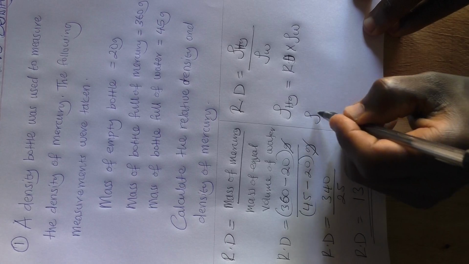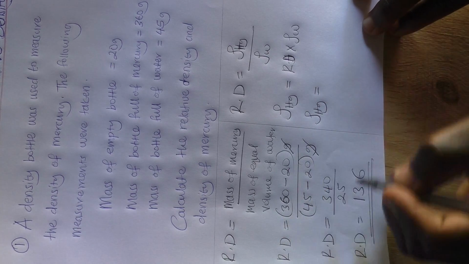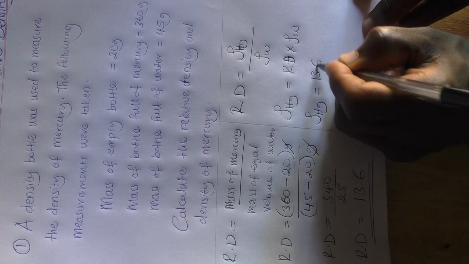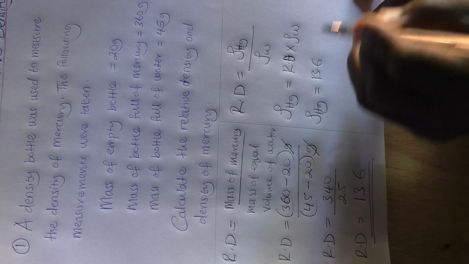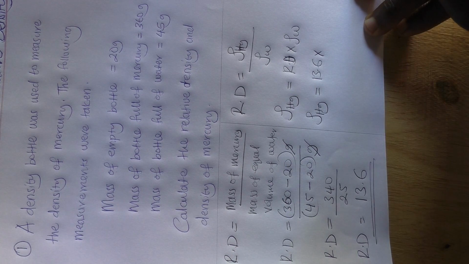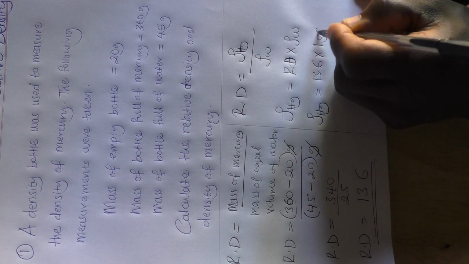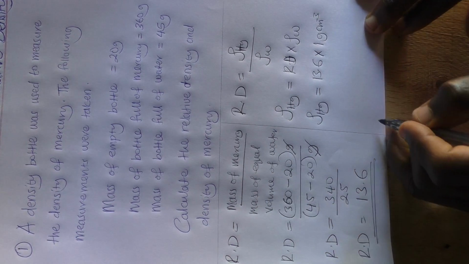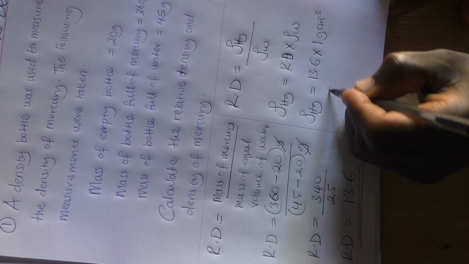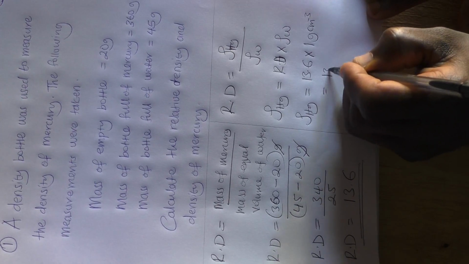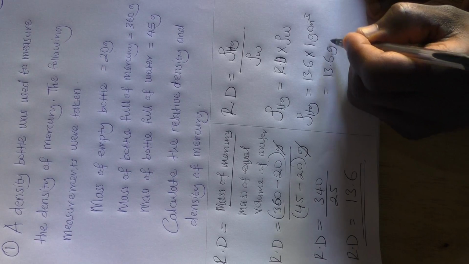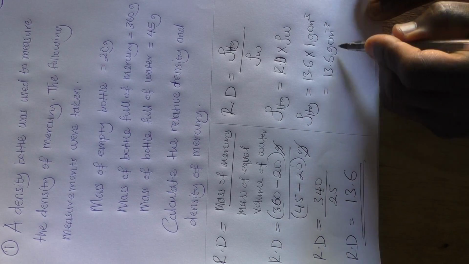Hence, giving us density of mercury as relative density, which is 13.6, times the density of water, which is 1 gram per cubic centimeter. Hence, giving us 13.6 grams per cubic centimeter.